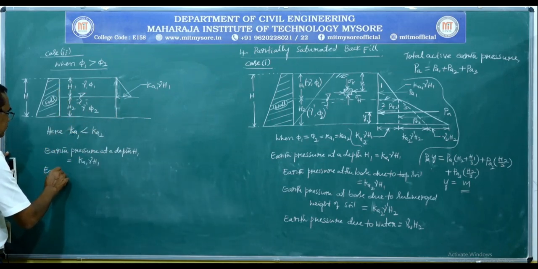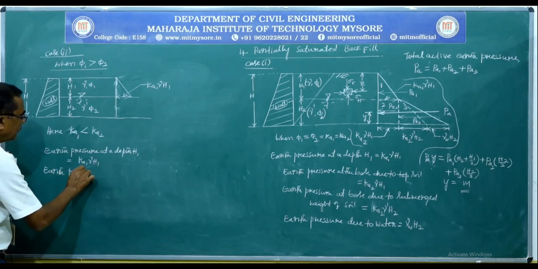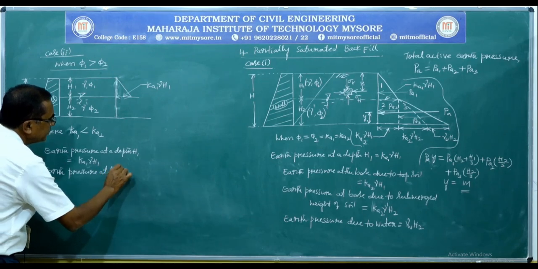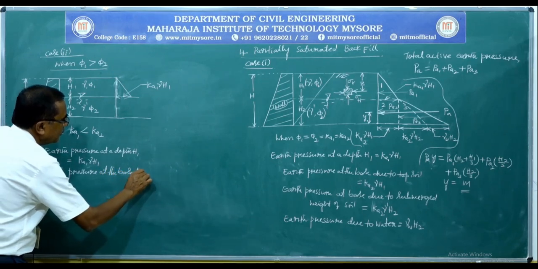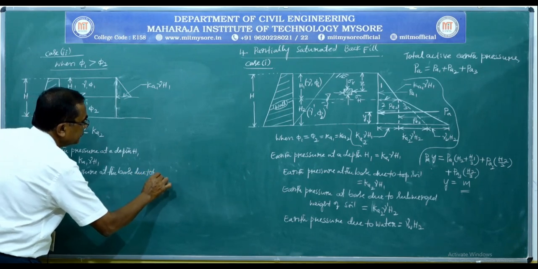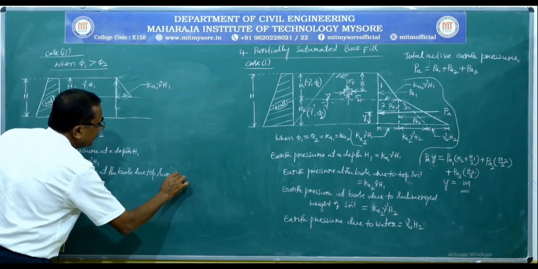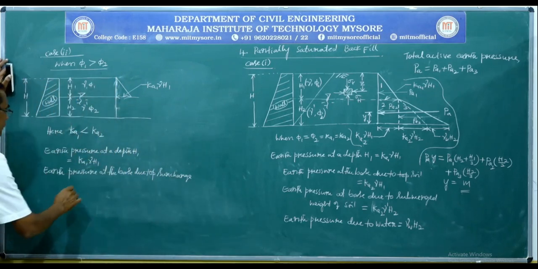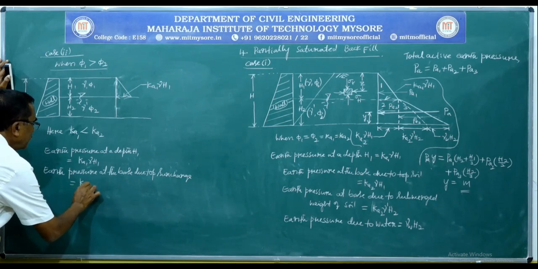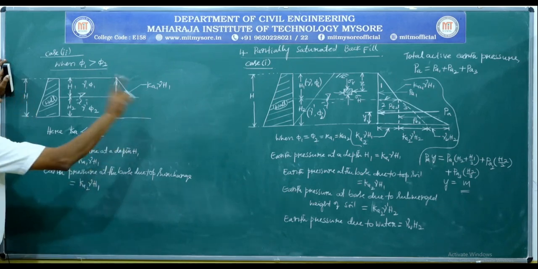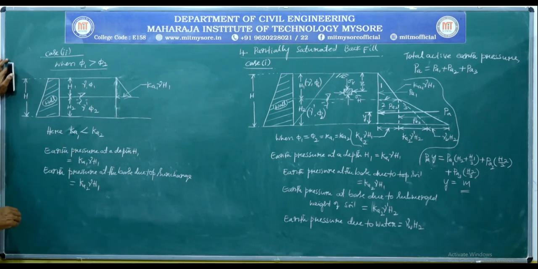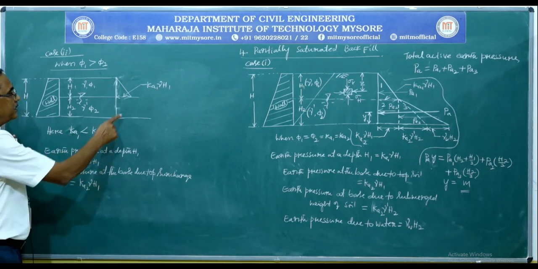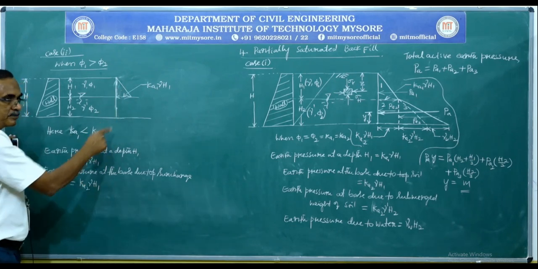Earth pressure at the base due to top surcharge, that is, due to this top dry soil, is equal to Ka2 into gamma into H1. Same thing we have already seen in the previous case. As Ka2 is greater than Ka1, automatically there is an increase in pressure at the base due to surcharge.